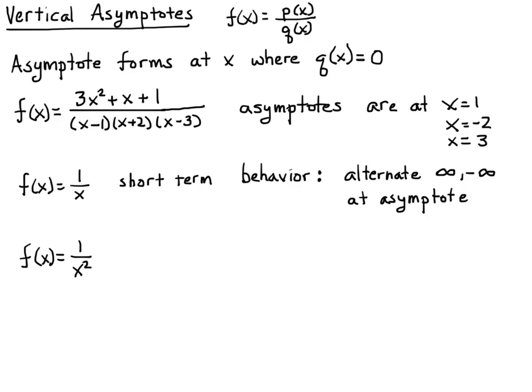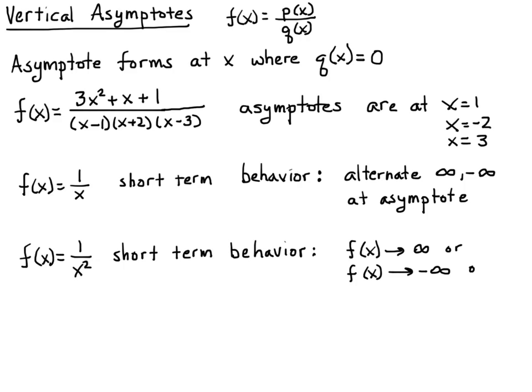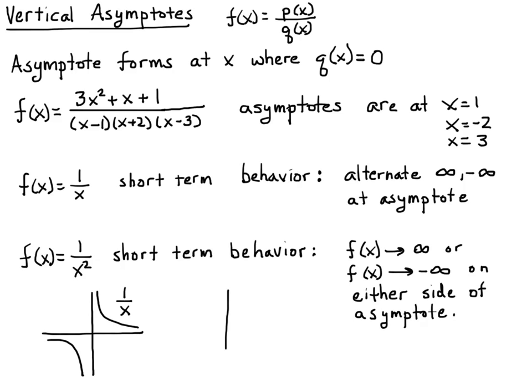Remember when we had 1 over x squared, the short-term behavior of that means that as it goes to a value, it'll go to infinity or negative infinity on either side. Think of 1 over x squared as looking like that volcano. So when you have an odd exponent, it alternates. When it has an even exponent, the infinities are on the same side.